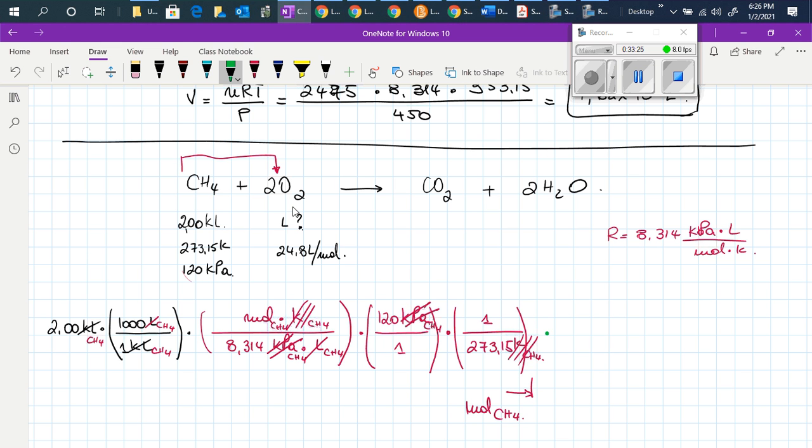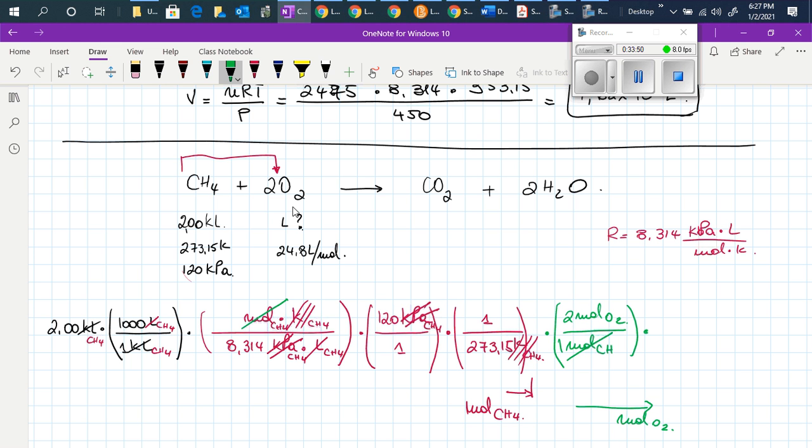So then the ratio will be 1 mole of CH4 reacting with 2 moles of oxygen. So moles of CH4 is canceled out. What we have up to here is moles of oxygen.